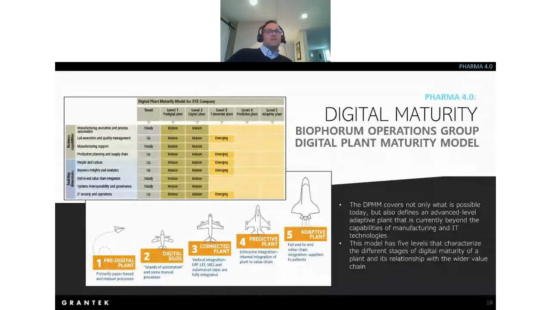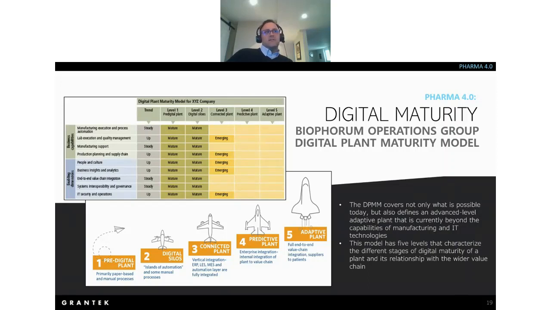This model uses 5 levels that characterize the different stages of digital maturity of the plant and its relationship with the wider value chain. The levels range from the pre-digital plant all the way to the adaptive plant. The descriptors are slightly different than the ACATECH model, but the overall concept is similar.